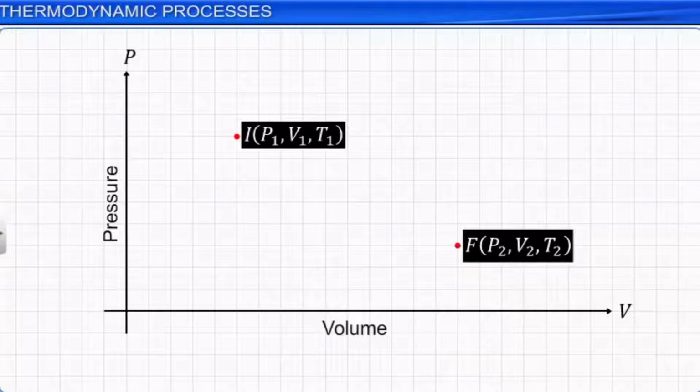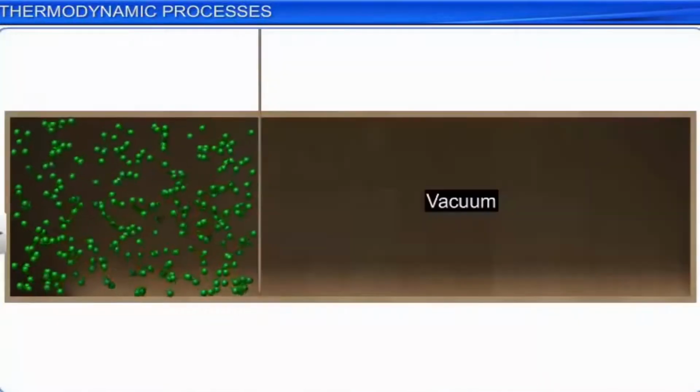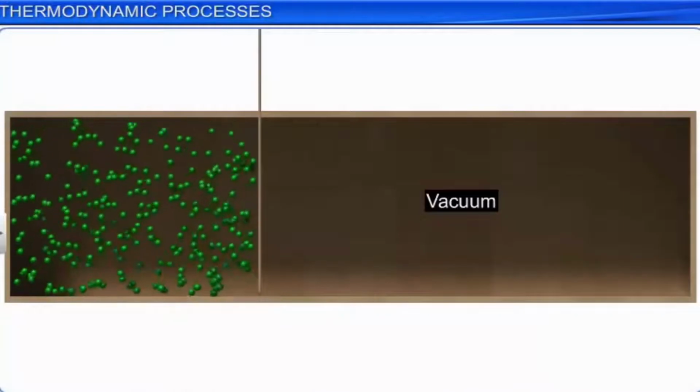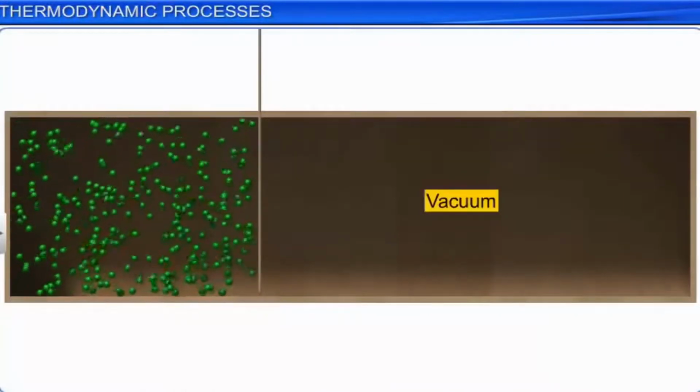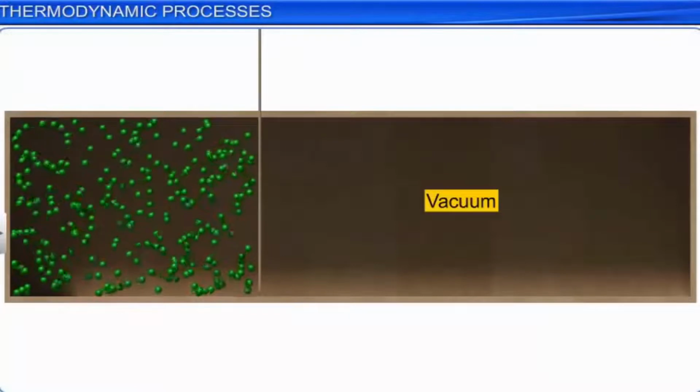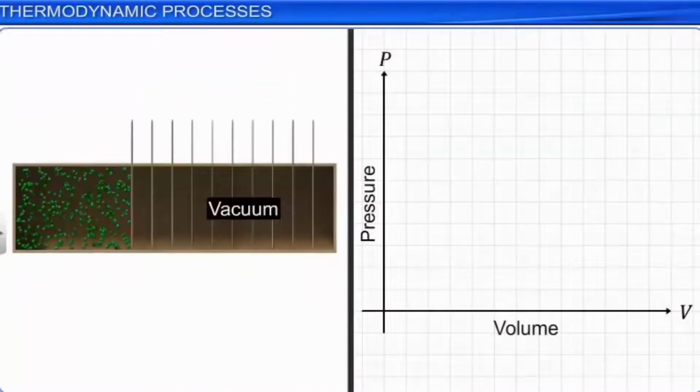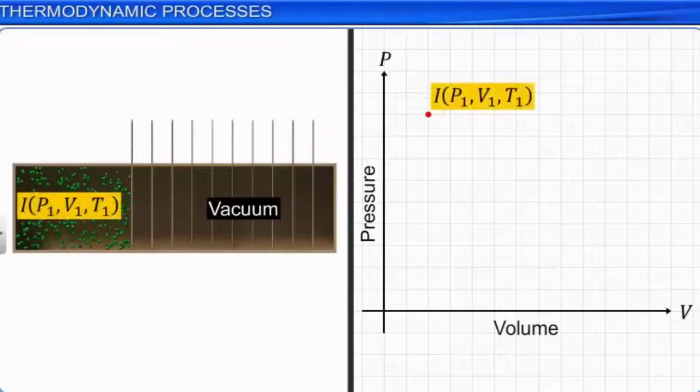Now, let us imagine that the vacuum chamber of the box we have considered earlier has a large number of similar partitions. We know that the initial state of the system is P1, V1, T1.